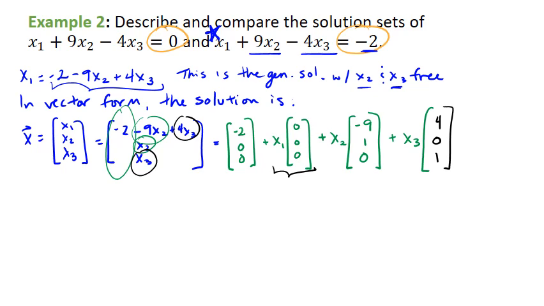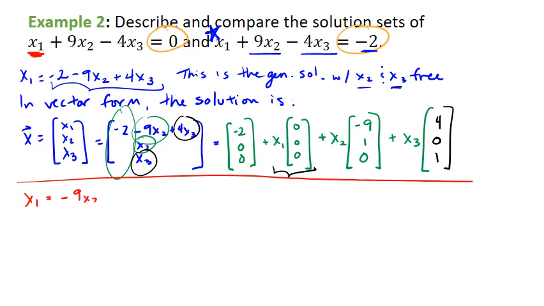Okay, so now in our other equation, if I solve this for x1, I will have x1 equals 0 minus 9x2 plus 4x3. Okay, so this is the general solution, with x2 and x3 being free.